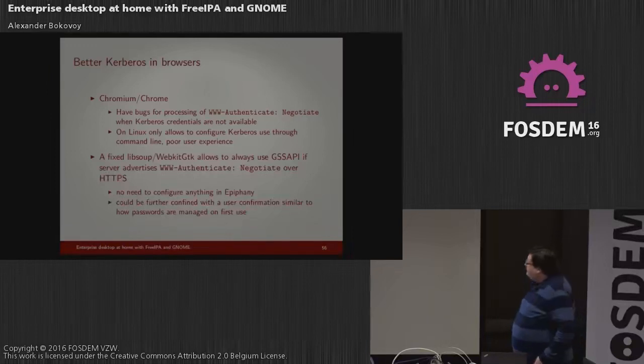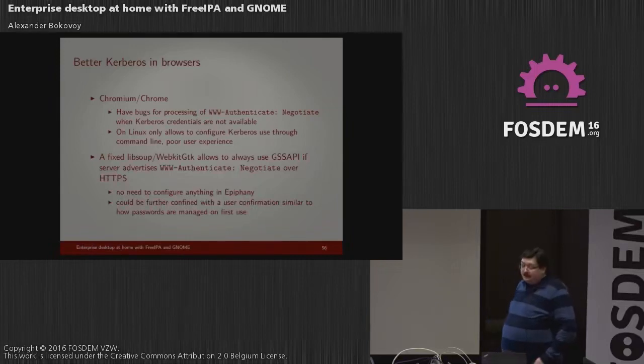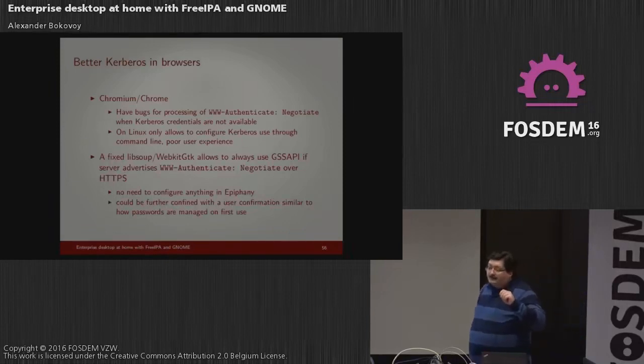So with the fixes in libsoup and WebKitGTK, what we got is that we always use GSSAPI when the server advertises negotiate authentication over HTTPS. The reason we can safely do this is that the Kerberos protocol is built in such a way that you never authenticate to the third party.